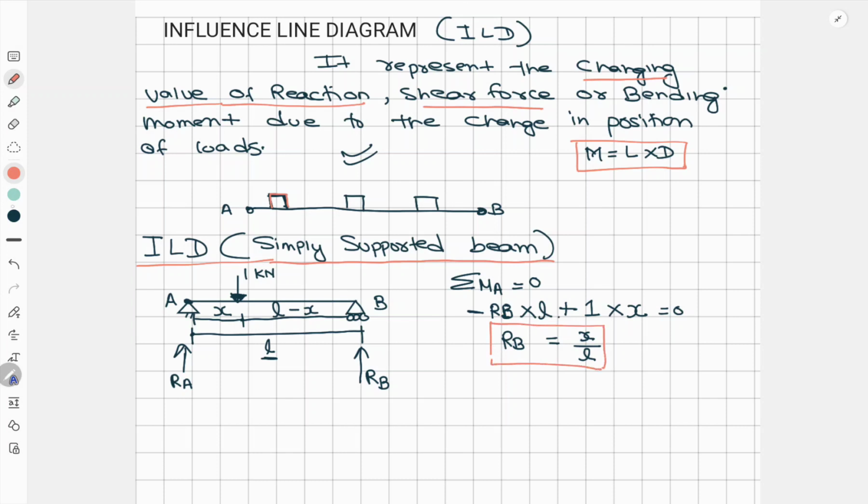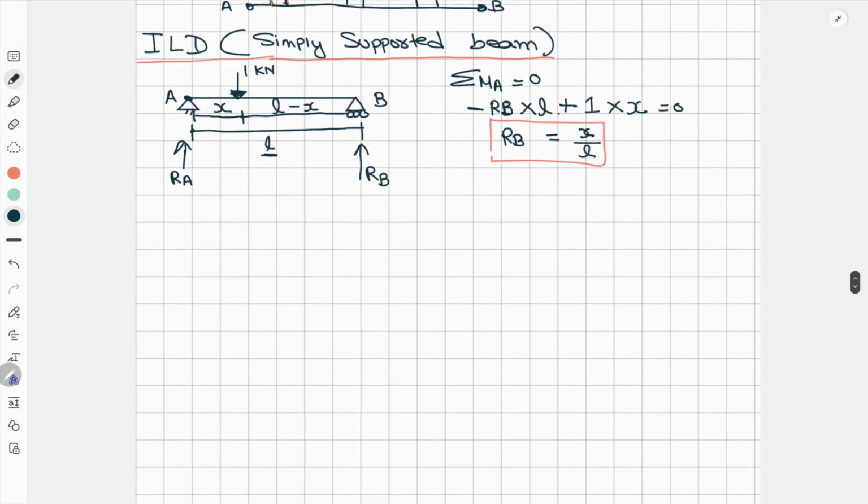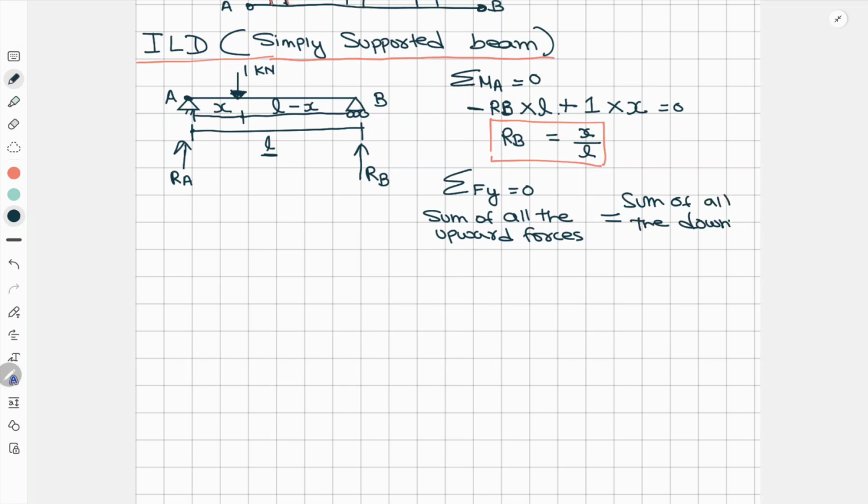Now next is to find the RA value. To find the RA value, we know that summation of all the vertical forces is equal to 0. So the sum of all the upward forces is equal to the sum of all the downward forces.